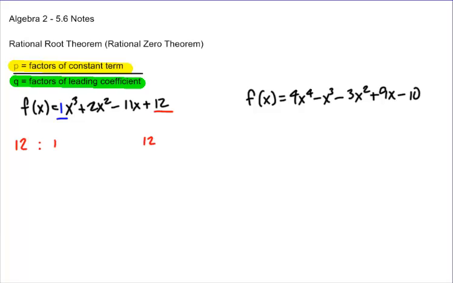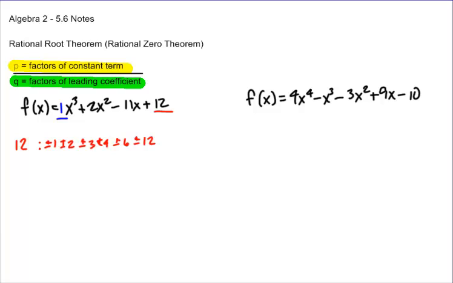What else makes 12? This is plus or minus 1 and plus or minus 12. Well, there's 2 and 6, so plus or minus 2 and plus or minus 6. And what else makes 12? Plus or minus 3 and plus or minus 4. These are all the things that make 12.